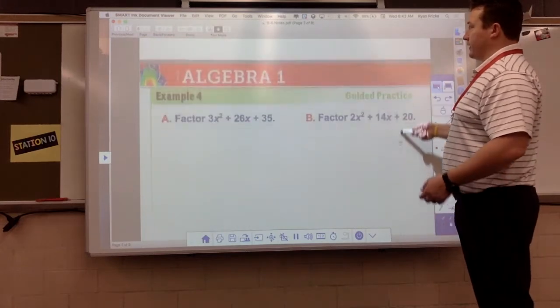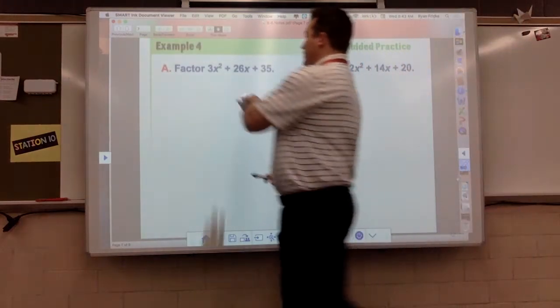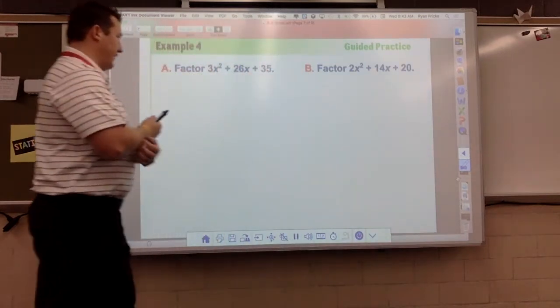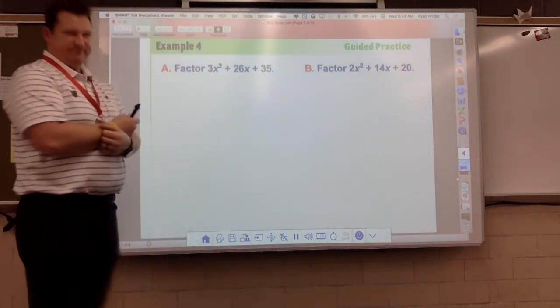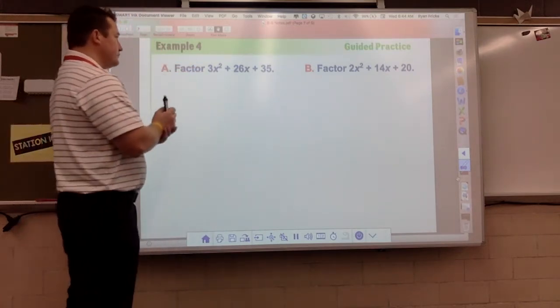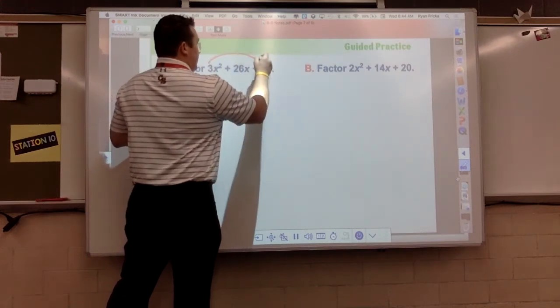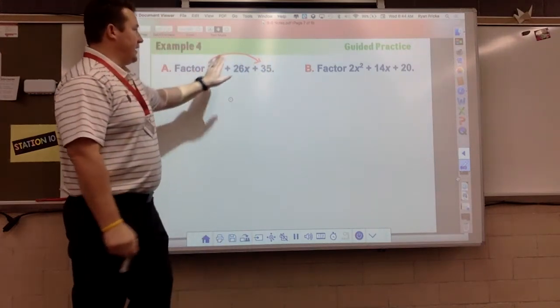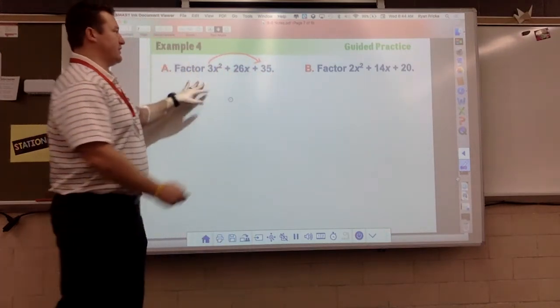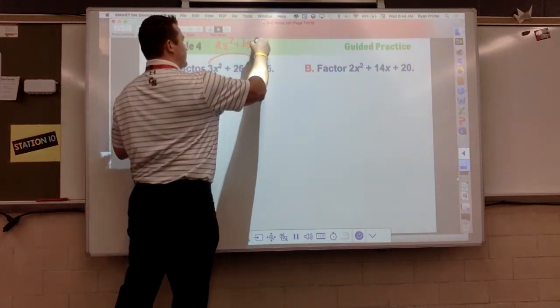What else we got to do here? Okay, again, same thing. We're still looking for that greatest common factor. 3, 26, 35. We don't have one there, okay? So we're going to have to go a times c, right? If you think about our standard form, guys, ax squared plus bx plus c.